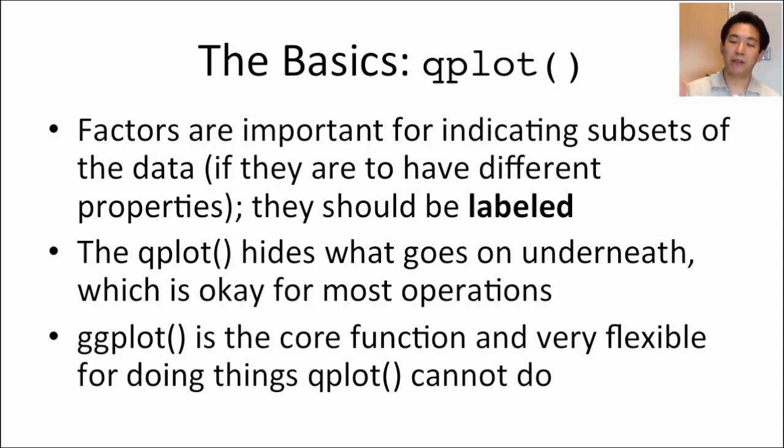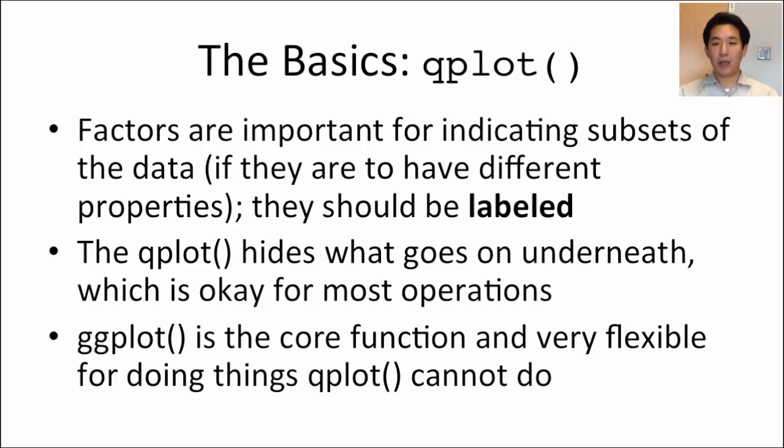So for example, you might have a factor that indicates the gender, so you have a bunch of males and a bunch of females. So those are subsets of your data. And you might want to plot a certain relationship divided by the various subsets. Or you might want to color certain points depending on whether they're male or female. And so the categories that are indicated by various factor variables can be useful for annotating a plot.